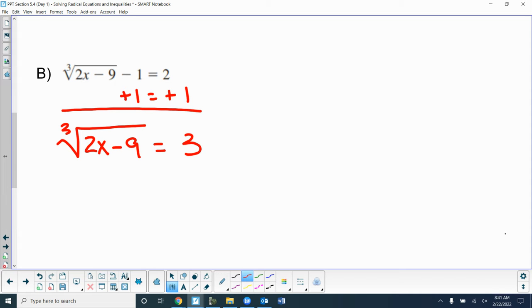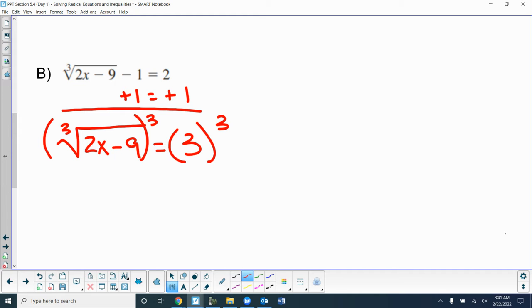Now, since it's cube root, what do I have to do to both sides? Go to the third power, cube them, right? So the cube root and the cube end up doing what to each other? Canceling each other out, right?